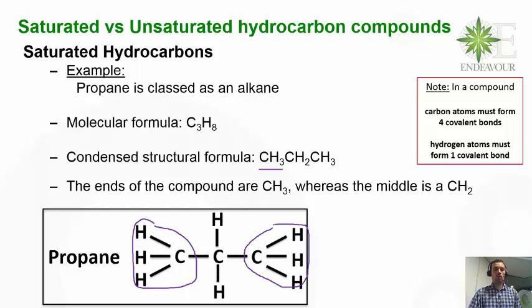What's significant about this is that the ends of the compound have CH3, whereas the middle only has CH2. Why is it the ends have CH3s, whereas the middle has CH2? It's because the ends only have one bond to another carbon, whereas the middle has bonds to two carbons. Keep this in mind, because we're going to have a look at a structure that doesn't actually have any CH3s, and let's work out why this is.